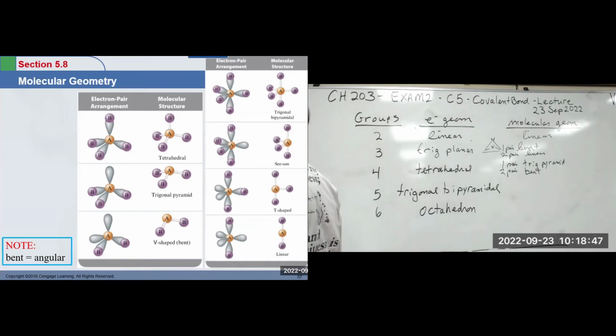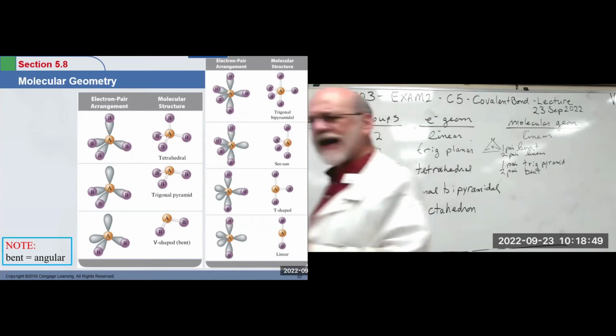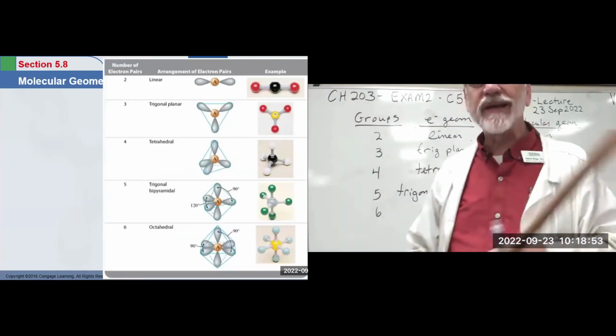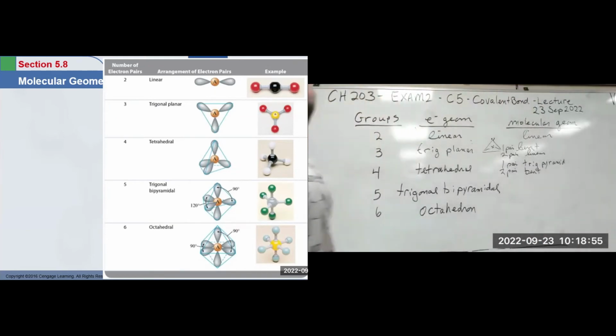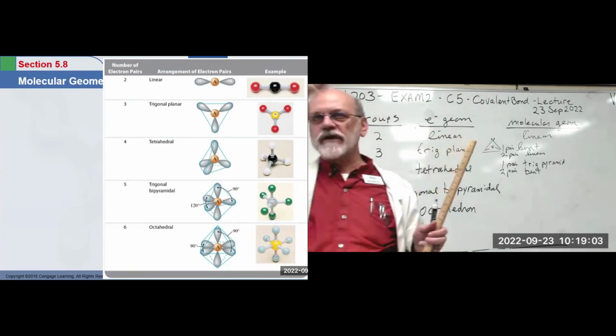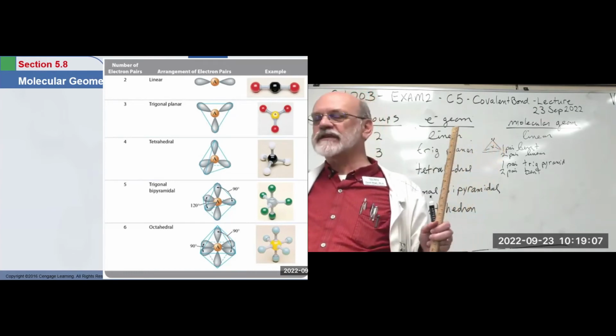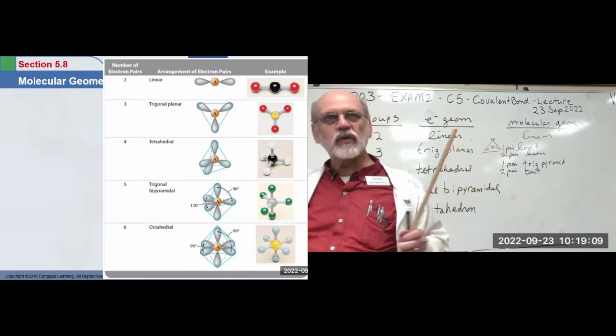Okay, let's go back. Trigonal planar. What are the internal angles for that? If you go all the way around, how far is it? 360 degrees. So divide 360 by 3, it's 120 degrees.